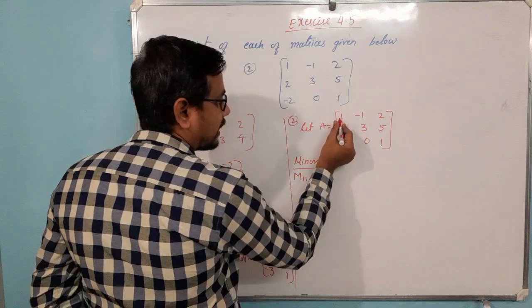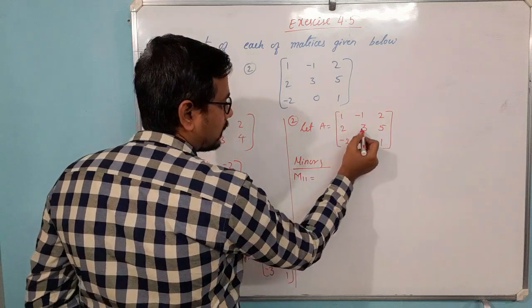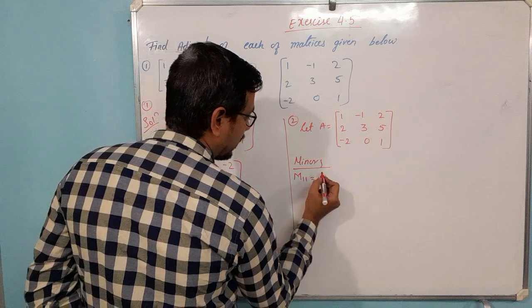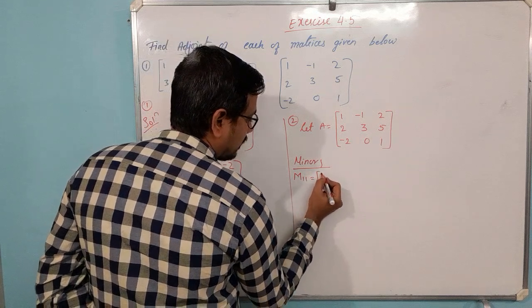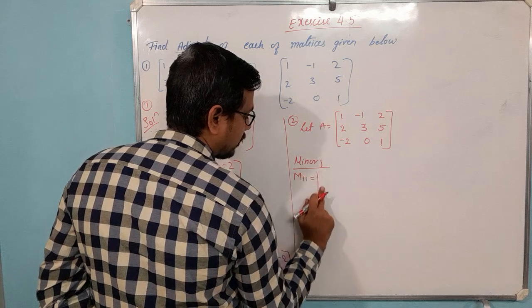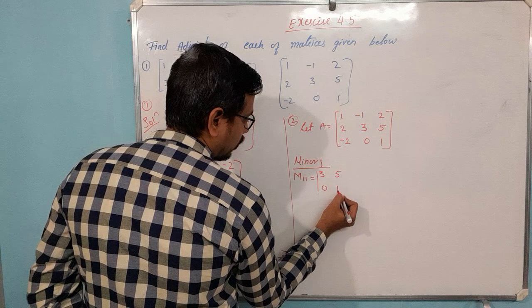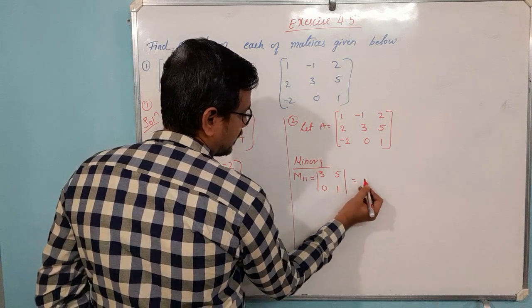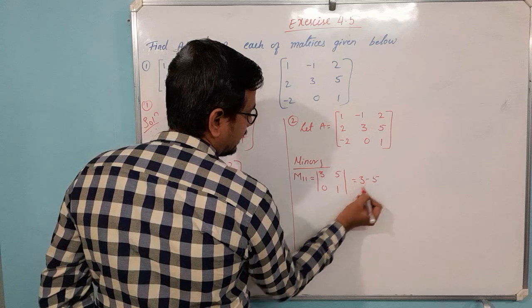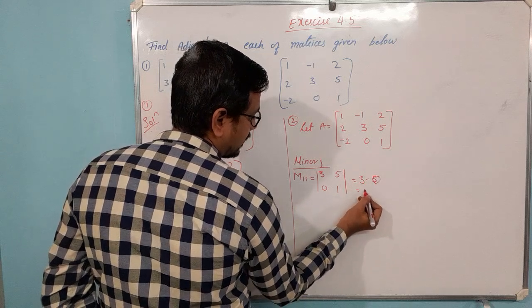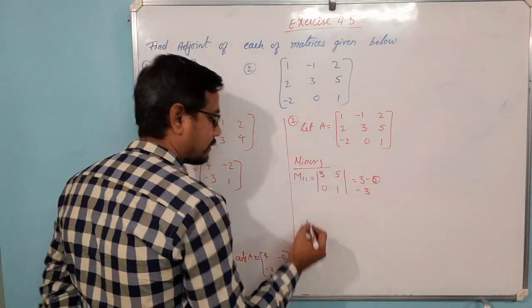M11 is the minor of A11, leaving the first row and first column. What is remaining? 3, 5, 0, 1. So the determinant of [3, 5; 0, 1] is nothing but 3 minus 0, that is 3.